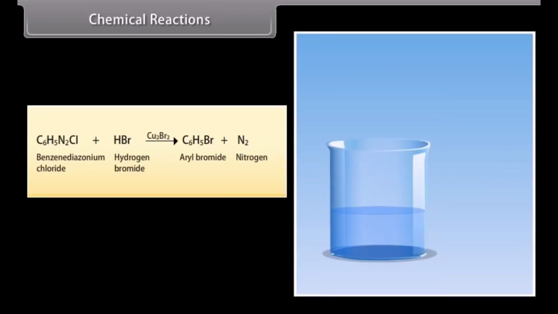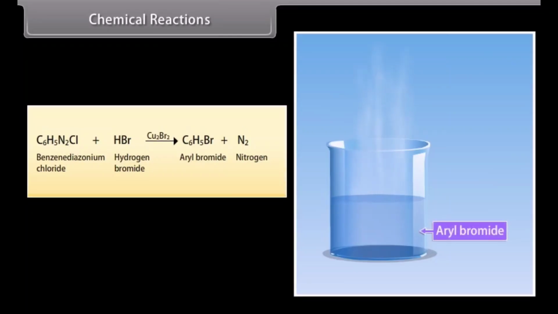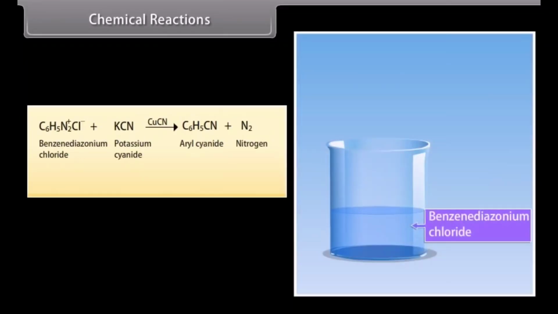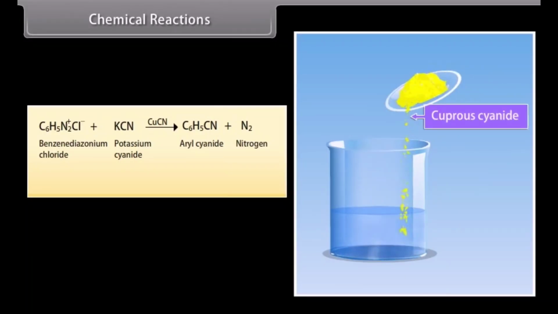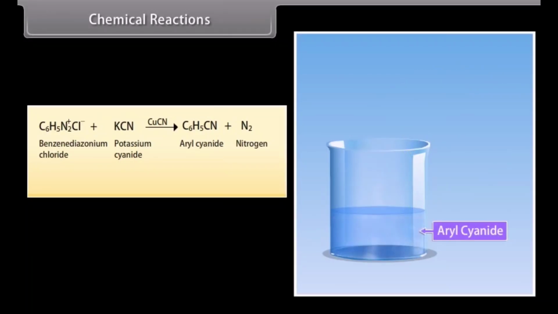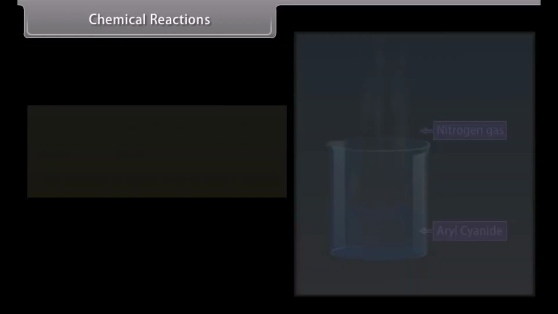It reacts with hydrogen bromide and cuprous bromide and yields aryl bromide and evolves nitrogen gas. It reacts with potassium cyanide and cuprous cyanide and yields aryl cyanide and evolves nitrogen gas. These reactions are known as Sandmeyer reactions.